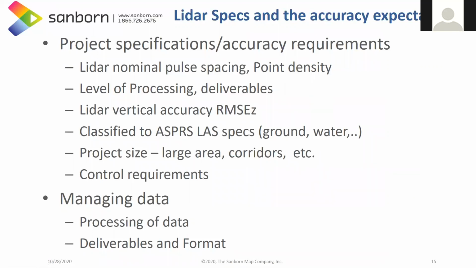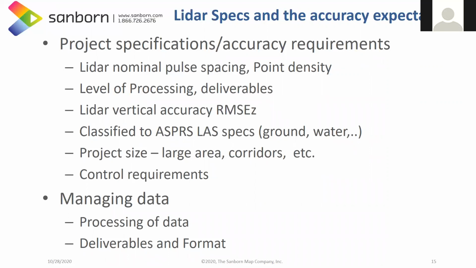And the classification to ASPRS LAS specs. So what are the classes that are needed? Because unlike general topo applications, transmission line applications are different, as you may need some different classes to be used, which I will explain in the subsequent slides. Also the project size, whether it is a large area, corridor, etc. And the most important thing is the control point requirements. So these are all related to the specification and the accuracy requirement.